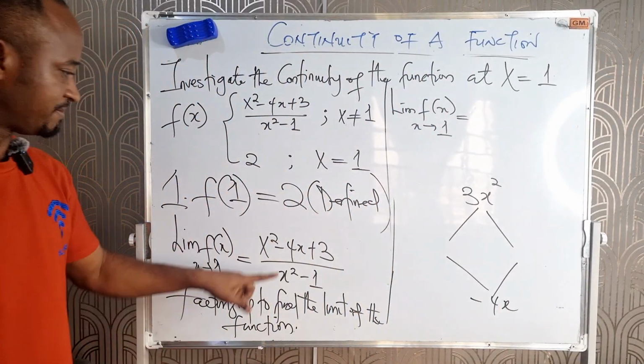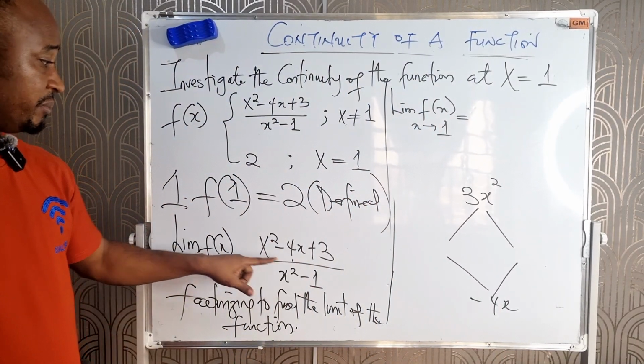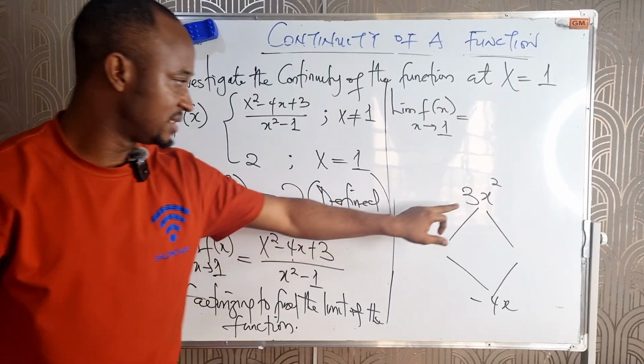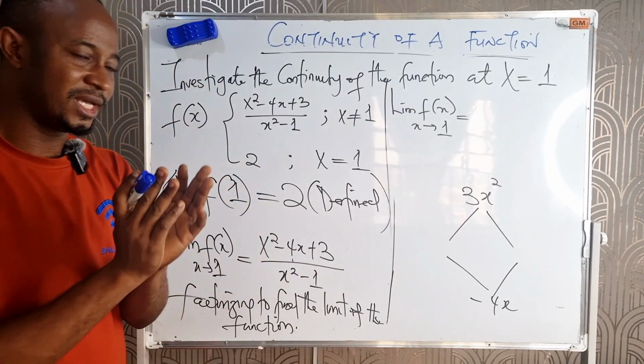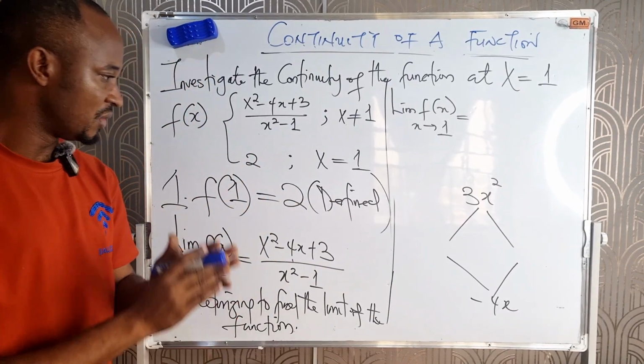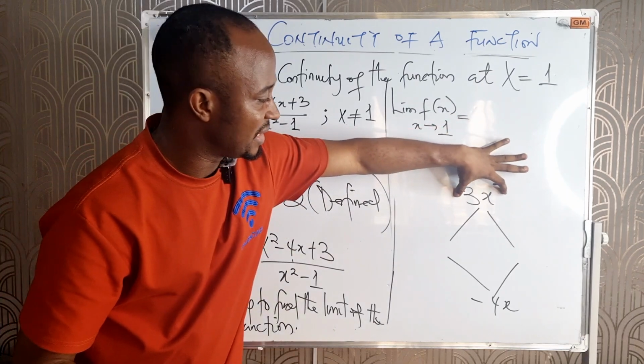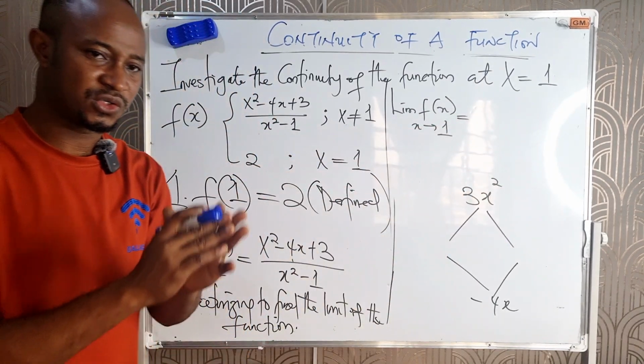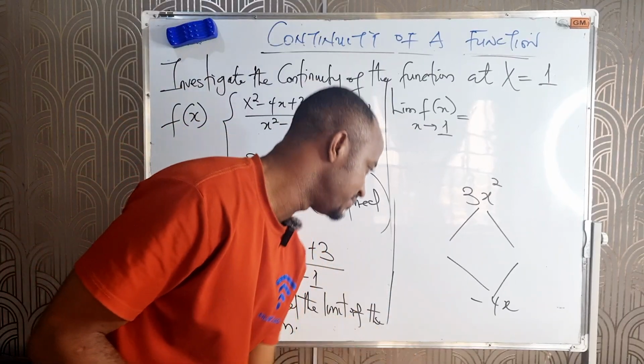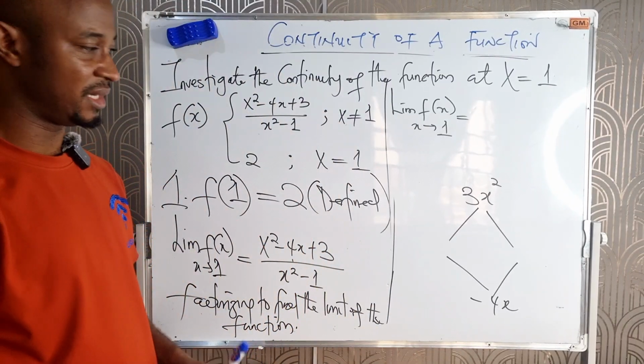This minus 4x here. The product of these two gives us 3x squared. Now, let's find the two factors that once we multiply them together, we're going to have 3x squared, but when you add them, the result must be minus 4x.